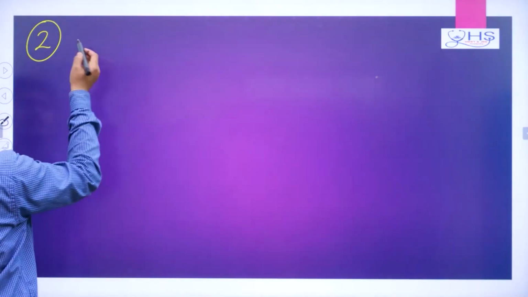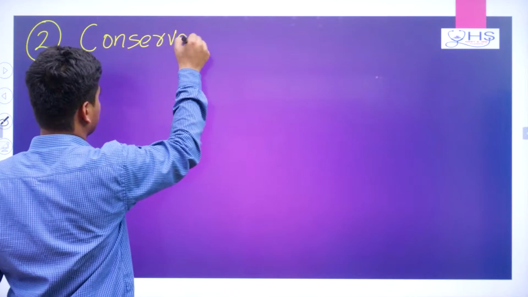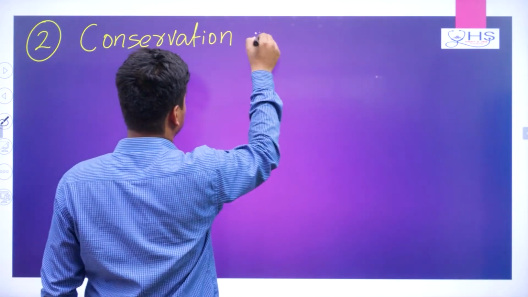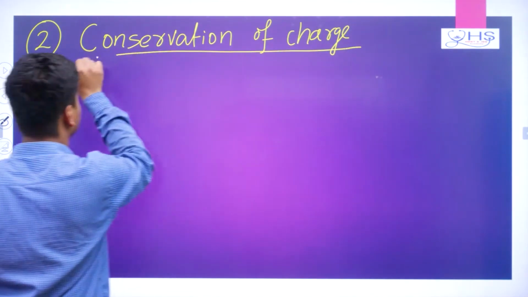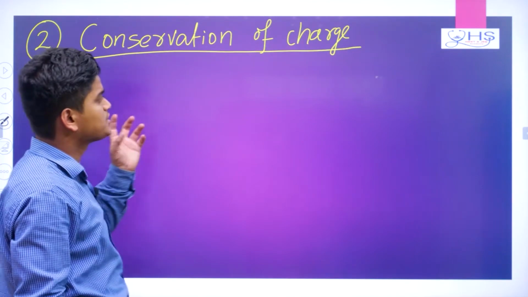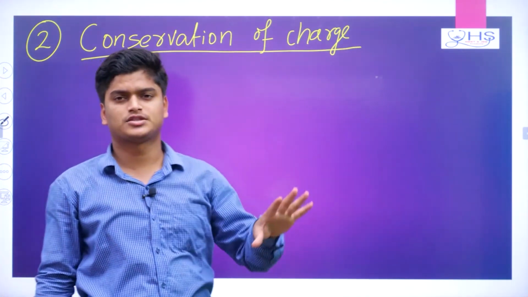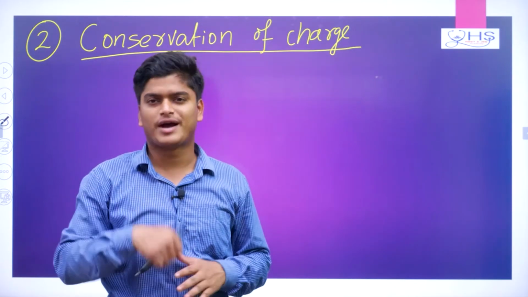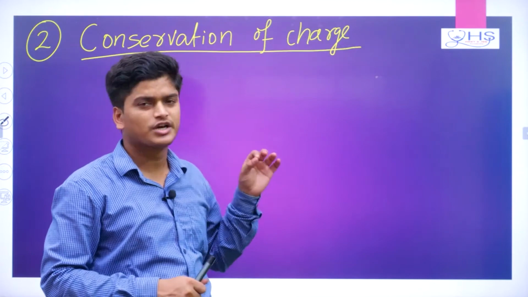Now see the next property of charge, that is conservation of charge. What is it telling basically? Conservation of charge means you cannot create charge, cannot destroy charge. When you create some plus 1 coulomb, at the same time you will create minus 1 coulomb. So that means the total charge of the system remains conserved.